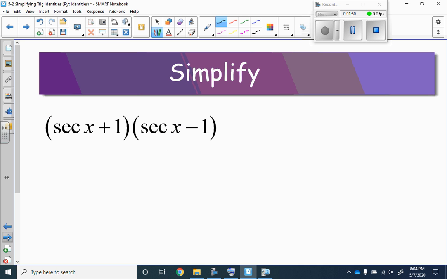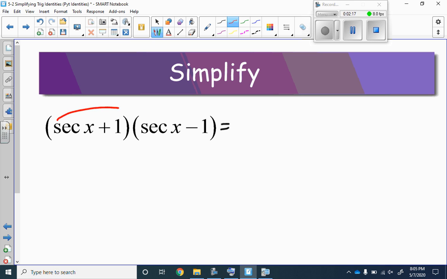All right, let's take a look at this one: secant x plus 1 times secant x minus 1. We're trying to simplify it down to a single trig expression: sine, cosine, tangent, cosecant, secant, or cotangent. I see sets of parentheses, which should be an indication that you want to use the FOIL process.